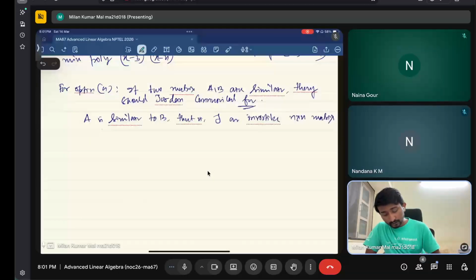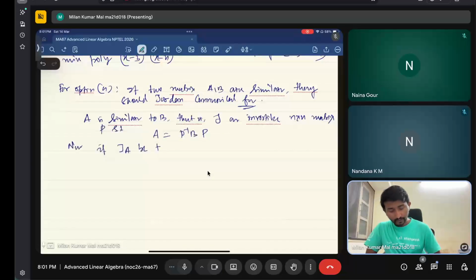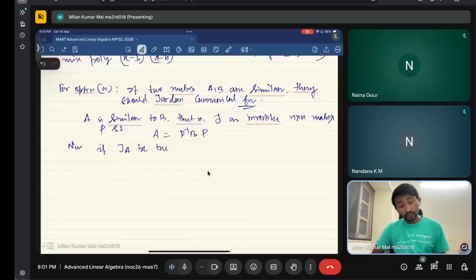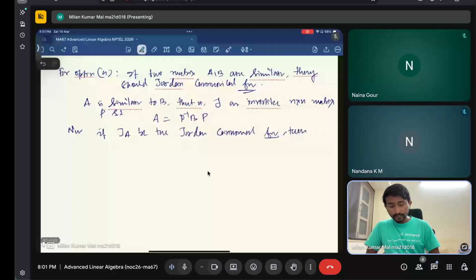Now, if JA is the Jordan canonical form of A, then there exists an n by n invertible matrix Q such that JA is equal to Q inverse AQ.